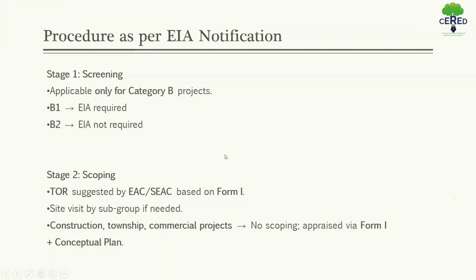So the approved TOR shall be displayed on the website of the MOEF and SIA, or in case of any rejection of prior environmental clearance, it shall be conveyed to the applicant. It is all done within 60 days. For all category A and B1 category projects, public hearing is compulsory, which is after acceptance or approval of TOR.